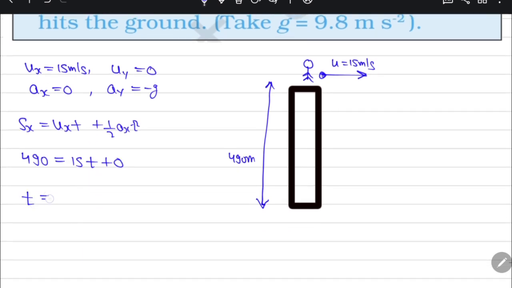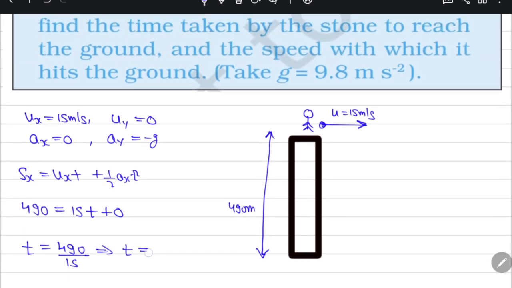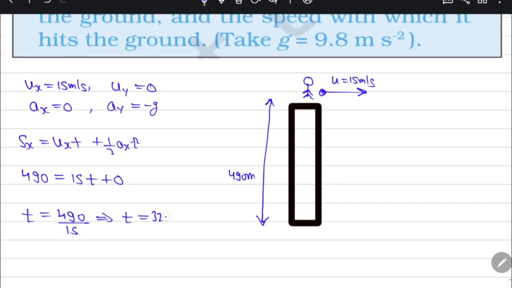From here we get the time taken to reach the ground: 490 divided by 15. So the time they take to reach the ground is 32.67 seconds.